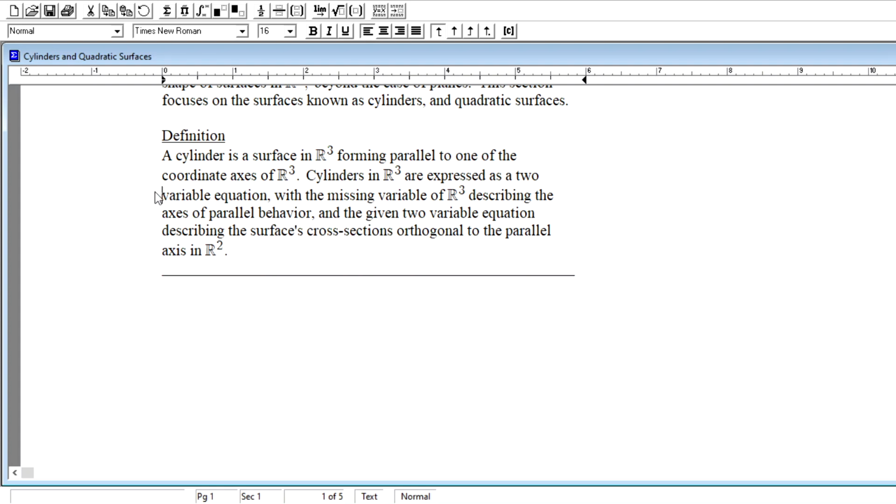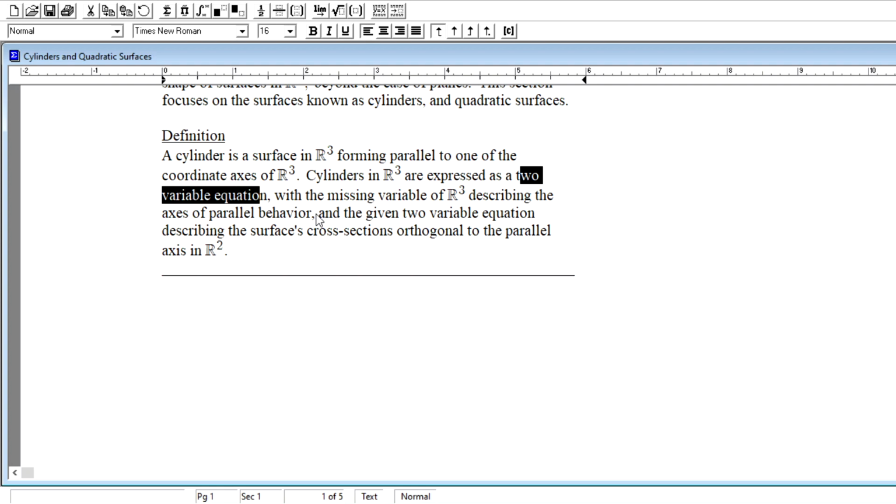When we see a two-variable equation, we want to recognize that, when discussing surfaces, as a surface known as a cylinder. It's this unique case of a surface that runs parallel to one of the axes in three-dimensional space.